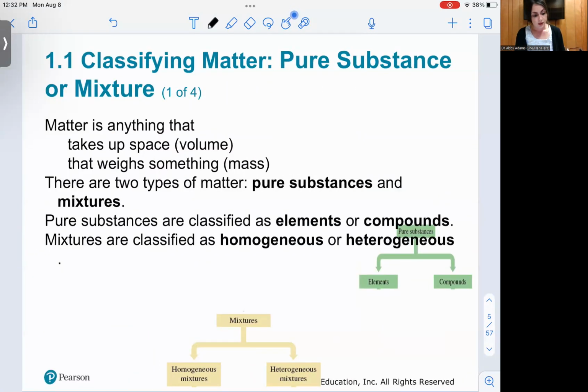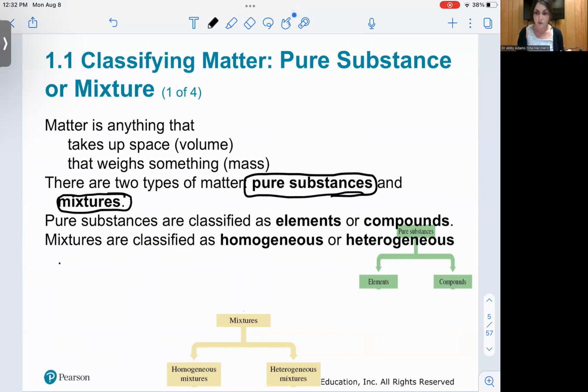And once again, we'll be a little repetitive, but that's good. It'll help reinforce, right? Matter is what? Anything that has volume and mass, okay? And so anything that has volume and mass, that's including pure substances, which are one of the major categories of matter, and mixtures, okay?